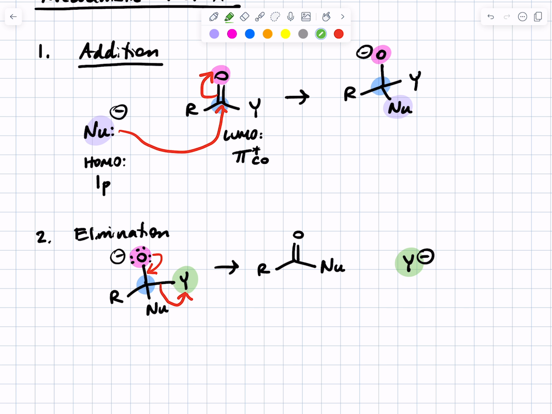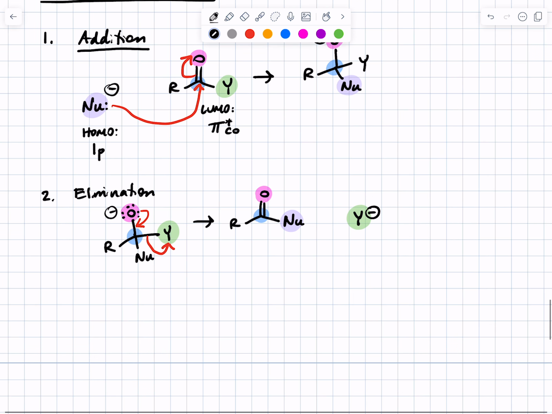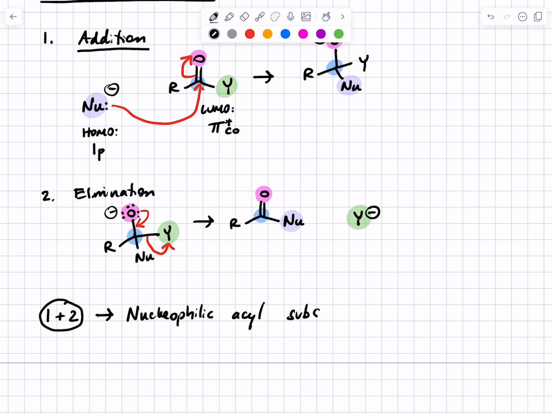Now, both of those things can happen. If they happen one after the other, if we do addition first and then elimination, we can get a substitution product overall. Where nucleophile attacks, we get a tetrahedral intermediate, then leaving group leaves. And so often people call the 1+2 punch, they'll call that nucleophilic acyl substitution.